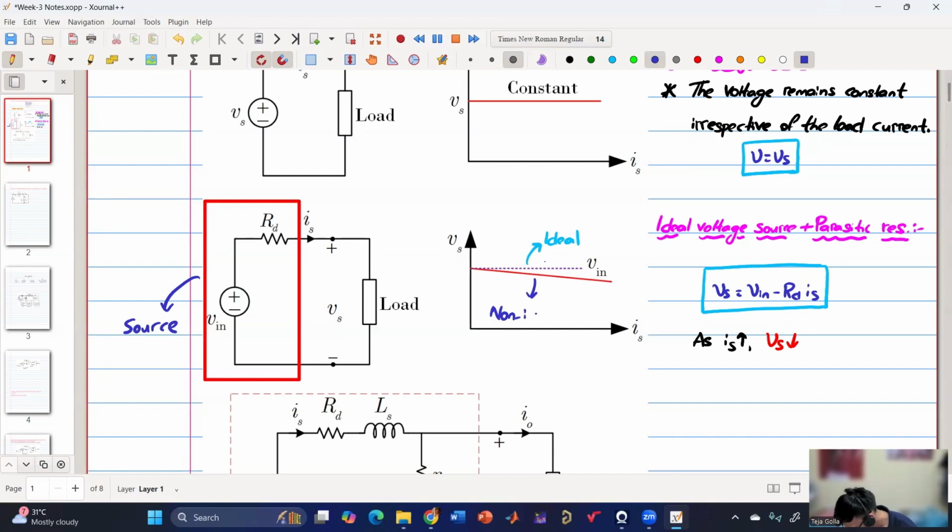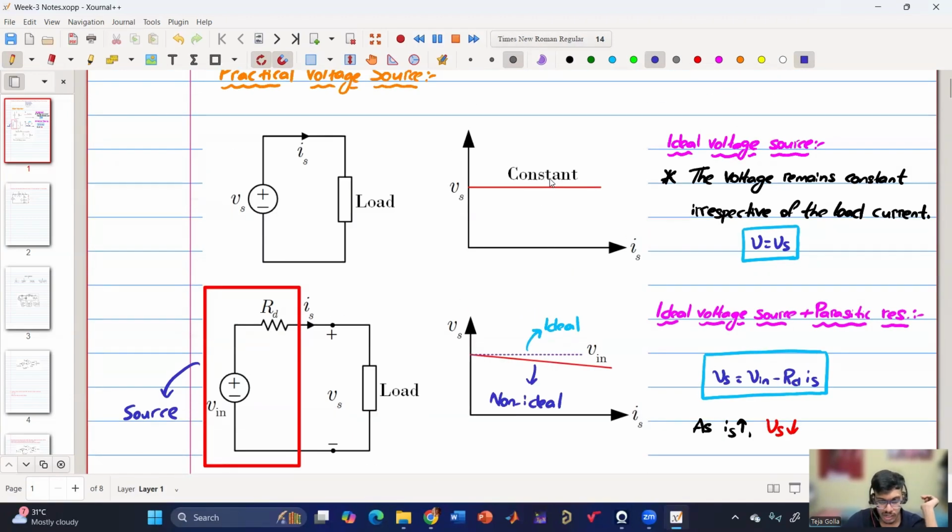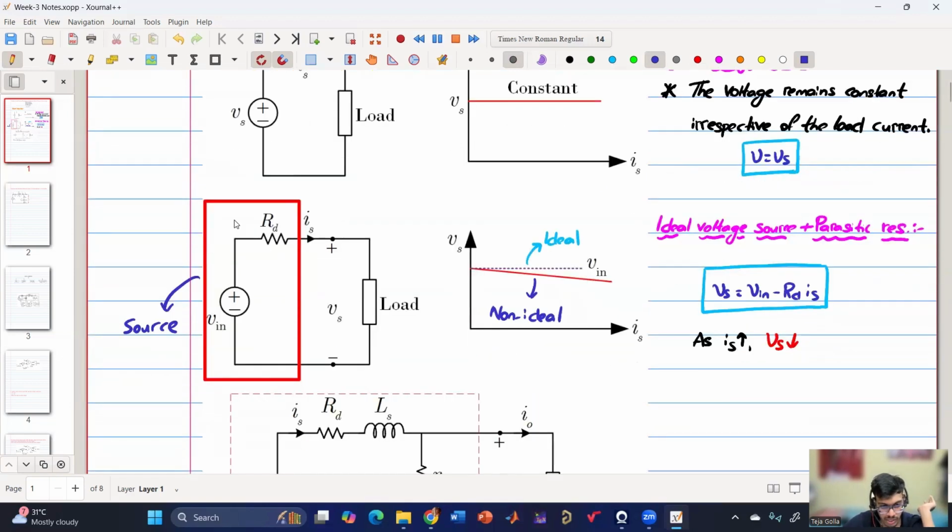So now it puts a limitation, because in the first case I can draw an infinite amount of current and the voltage source value will remain the same. In a practical scenario, that is not the case. It has some parasitic resistance, because of which the voltage will drop as the current increases. So we will not have the same voltage as Vin at the end of this source. There will be a drop across this resistance. Is this clear?